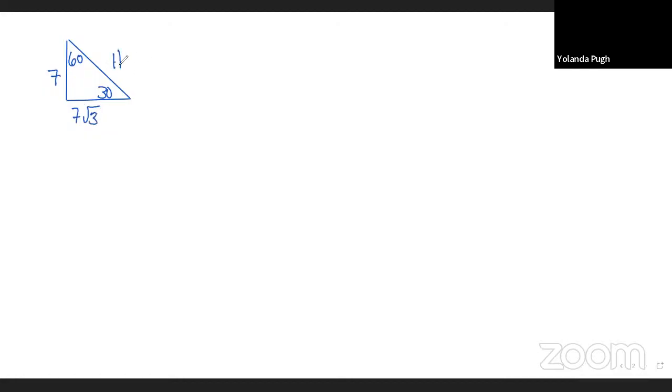Now, we're already expecting that our hypotenuse will be 14, because that would be twice the length of the short side, but we're going to use the Pythagorean theorem to prove that. Leg squared plus leg squared is equal to the hypotenuse squared.